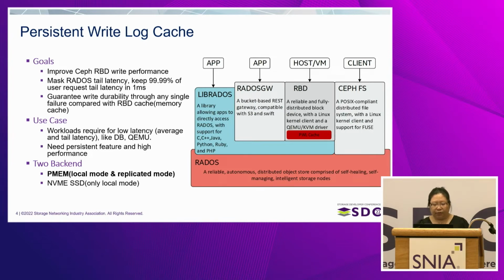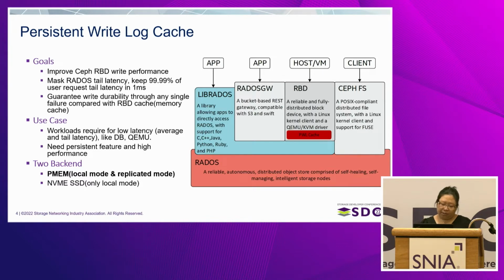This scenario works for workloads that require low latency, both average and tail latency, such as databases and QEMU, and need a persistent feature with high performance.